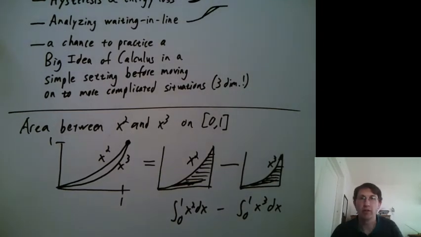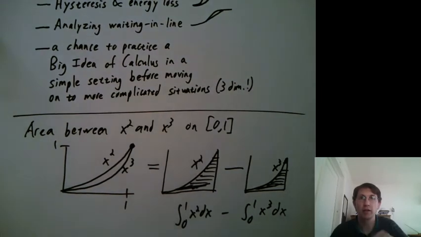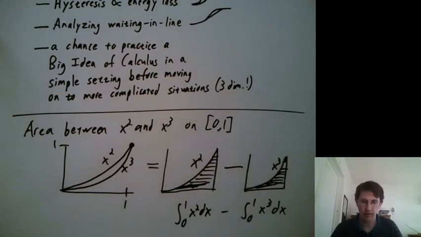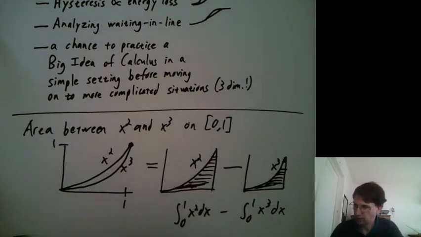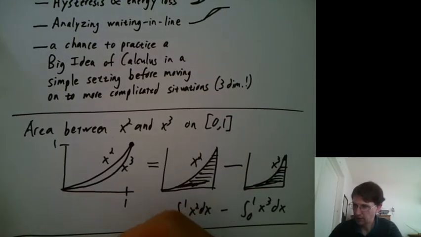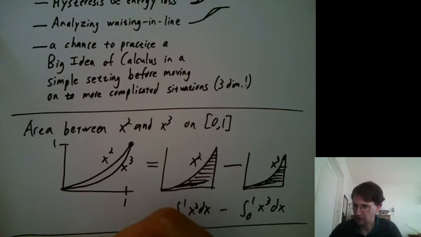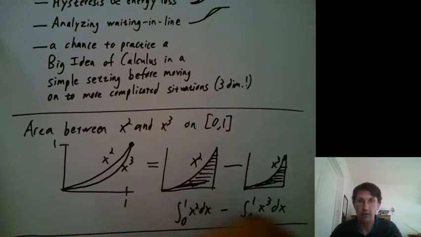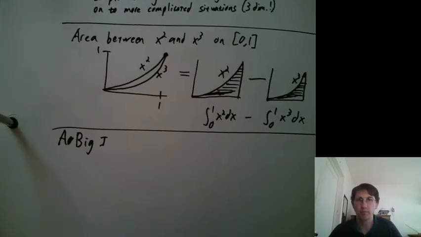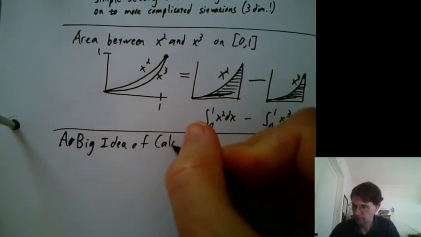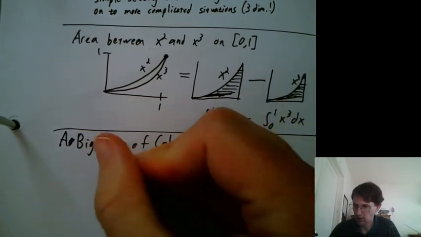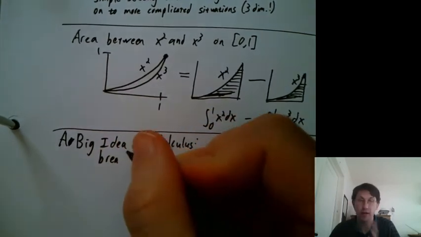So nothing wrong with that way of thinking, but here's a chance to practice one of the big ideas of calculus, and that is if you have a hard problem, let's break it into smaller, simpler parts and then add them all back together. That's the big idea: break a hard problem into tiny, easier pieces.